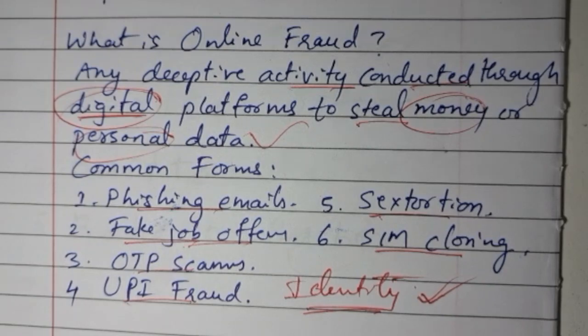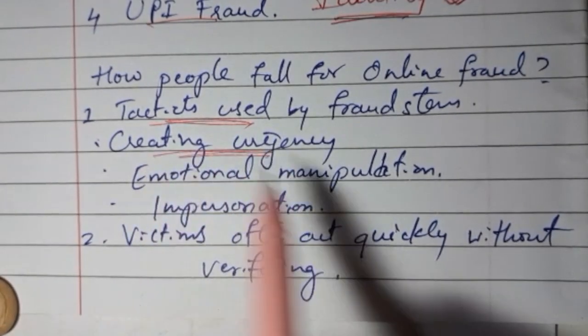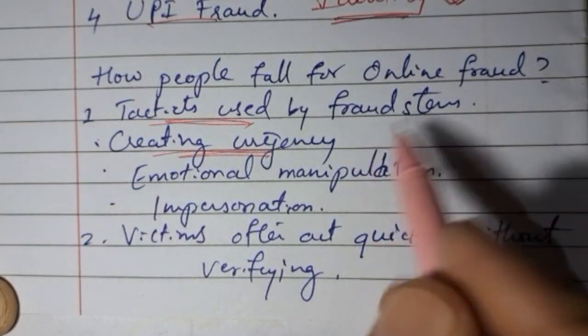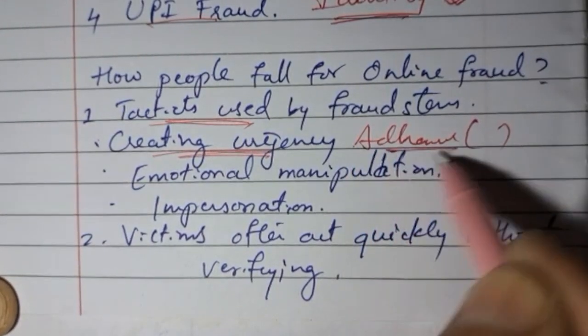Now we will try to find out how people fall for online frauds. Friends, the fraudsters use some tactics so that you tend to fall for their frauds. Basically, they will create some kind of urgency, such as your account has been locked and they need your Aadhaar number or the OTP just to unblock your account.